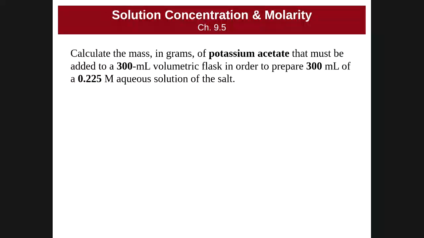All right, so calculate the mass in grams of potassium acetate that must be added to a 300 milliliter volumetric flask in order to prepare 300 milliliters of 0.225 molar aqueous solution. So potassium acetate. Acetate is one of those polyatomic ions that I said you might want to remember, but in case you don't, it's our organic molecule, CH3COO, and we write it that way because its structure looks like this.